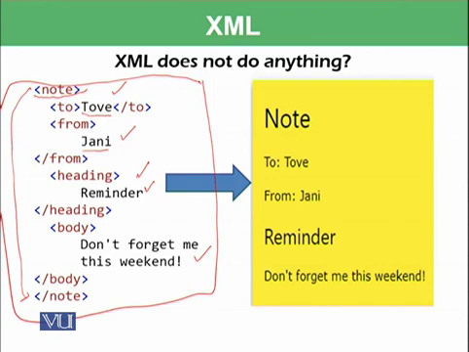So this means that you need to write some other software which will understand this code and will translate it into an output like this, which we have on the right side. So such a software needs to be written, that is reading XML tags and data from XML tags and then printing it in this way.